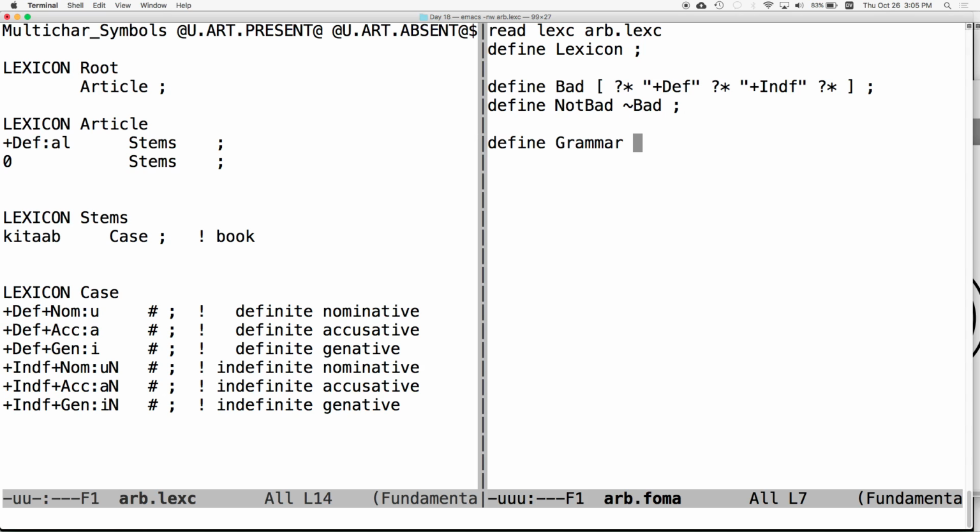Okay, all right, so we want not bad, which has the definite articles and indefinite articles in, and compose with lexicon.